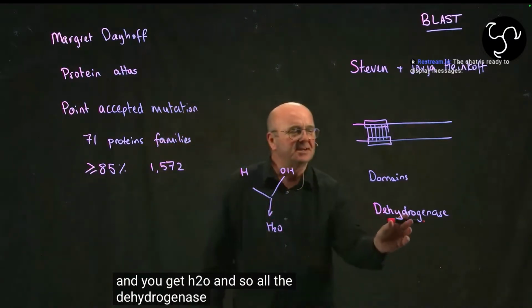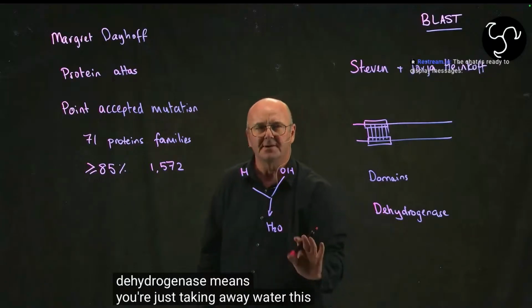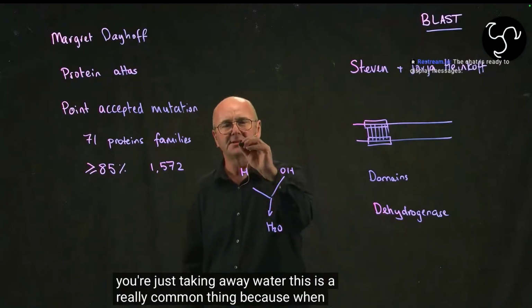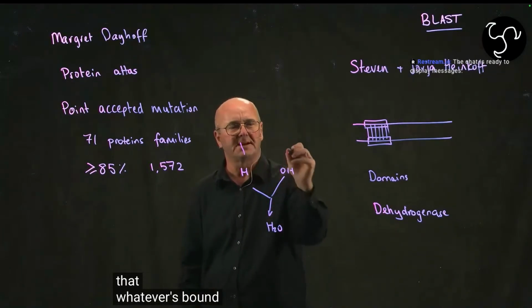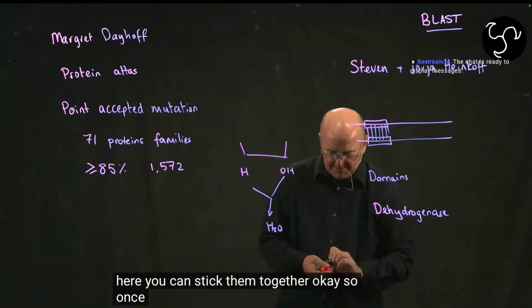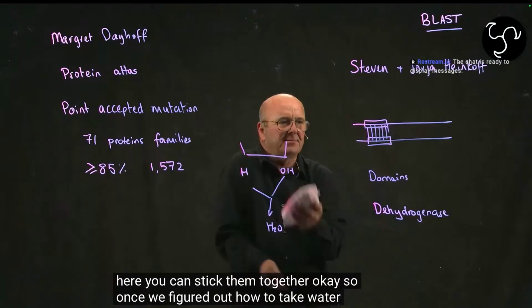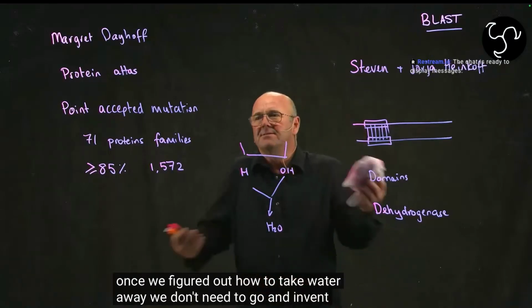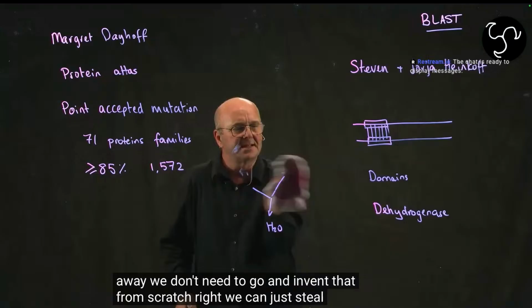And so all that dehydrogenase means is you're just taking away water. This is a really common thing because when you do that, whatever's bound here and whatever's bound here, you can stick them together. Okay? So once we figured out how to take water away, we don't need to go and invent that from scratch, right? We can just steal it.